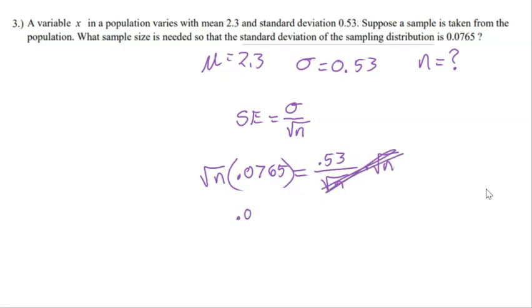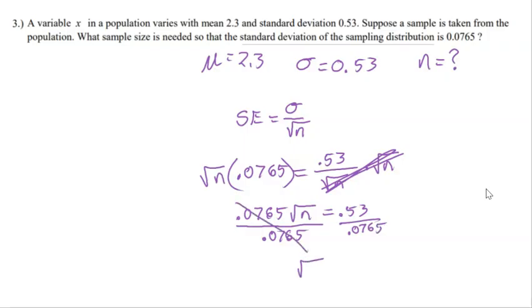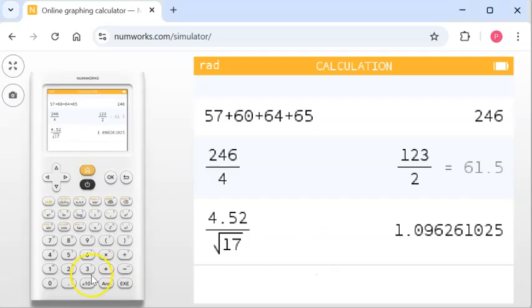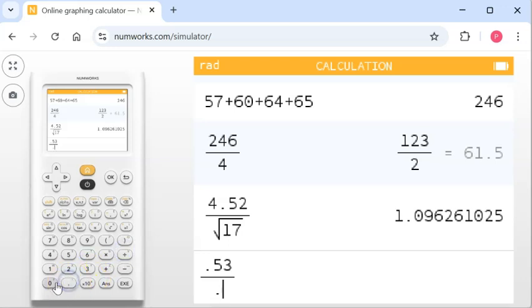And so now I have 0.0765 times the square root of n is equal to 0.53. And now to get the square root of n, I'm going to divide by 0.0765 on both sides. Over here it's going to cancel, and I'm going to have the square root of n equal to whatever this is. Well, let's go to a calculator. 0.53 divided by 0.0765.